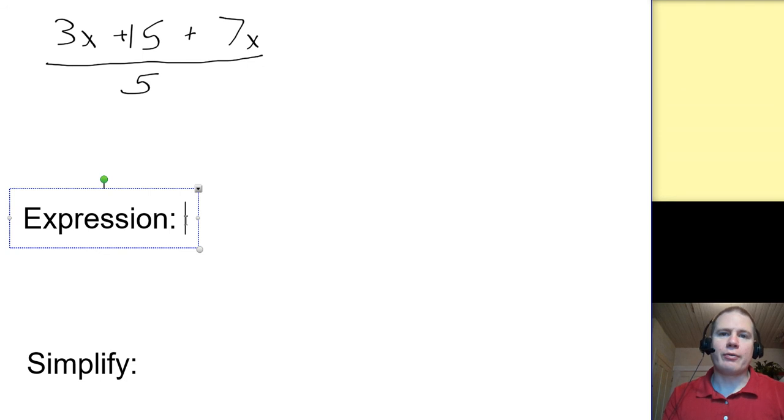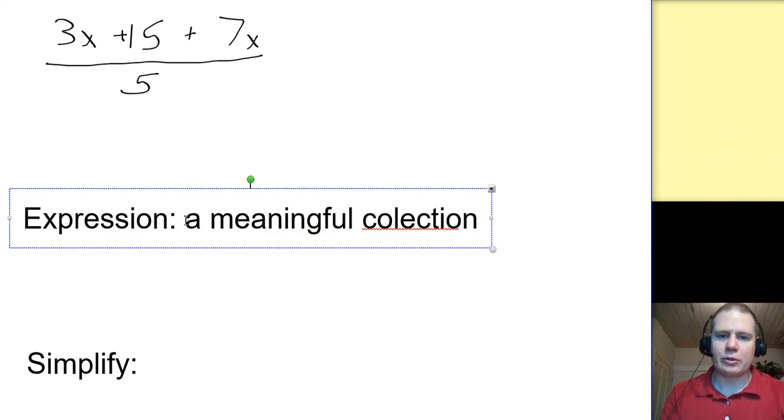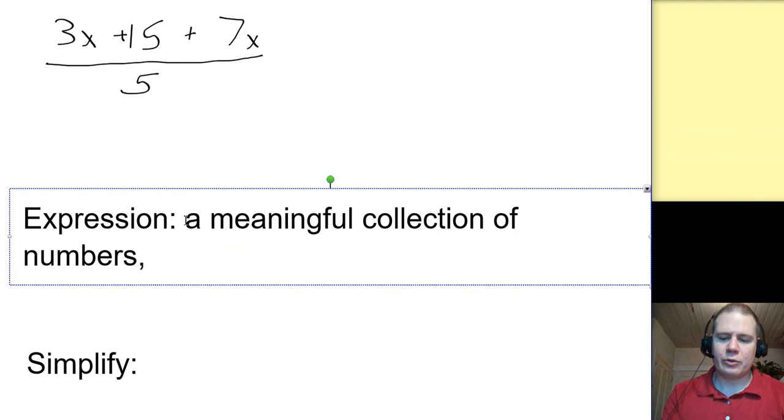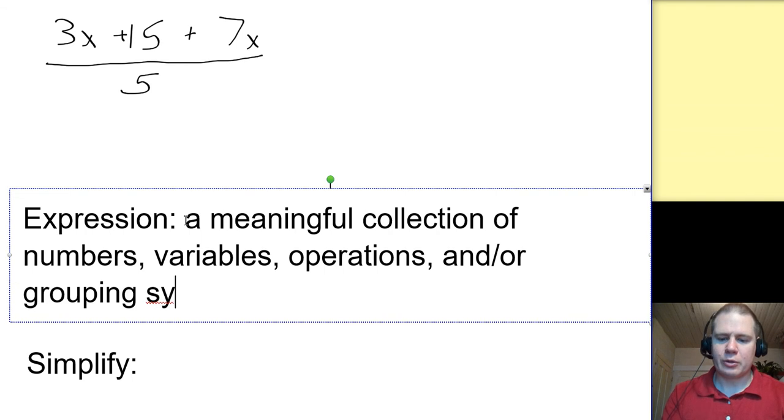Now there are some similar sounding words to expression and simplify. That is actually going to be our focus of this video, but let's review what these two words mean. An expression is a meaningful collection of numbers, variables, operations, and/or grouping symbols.